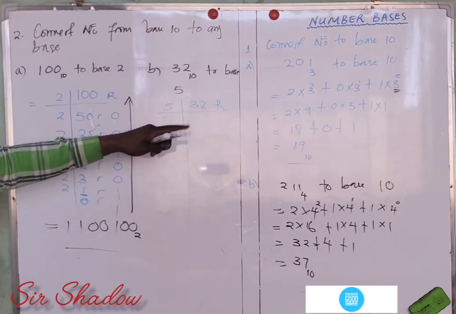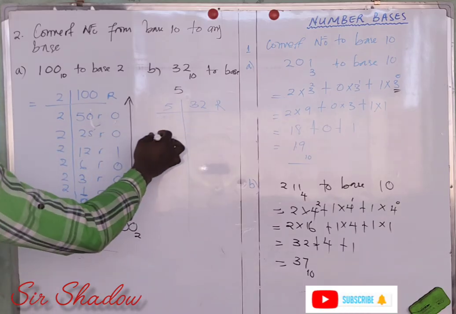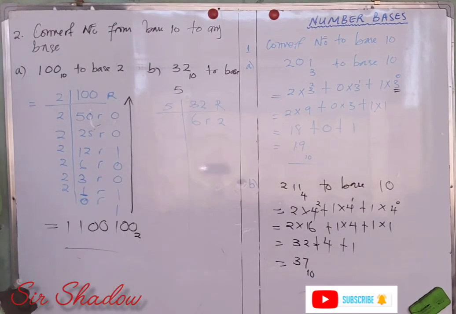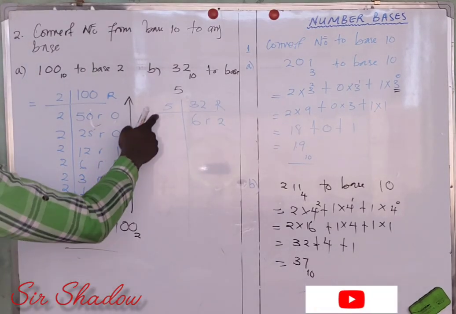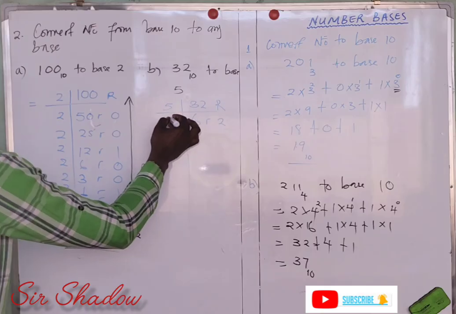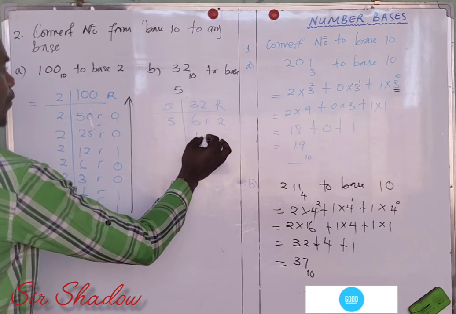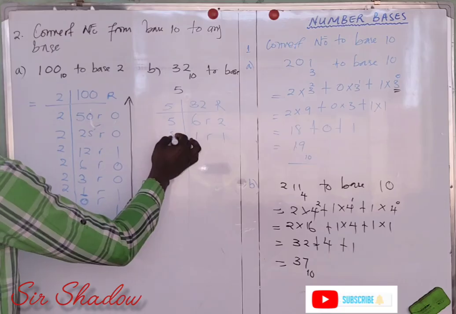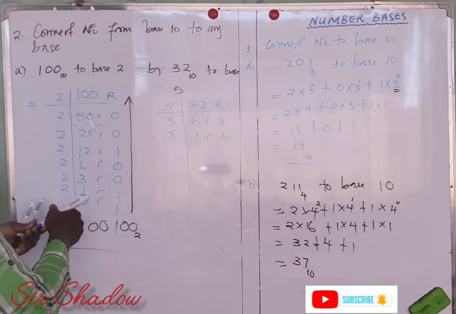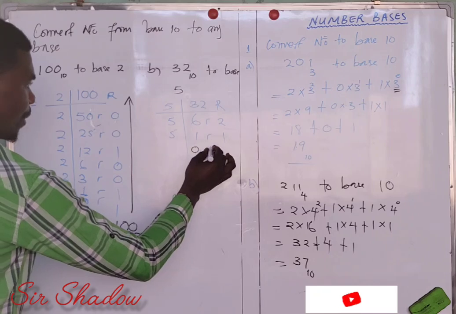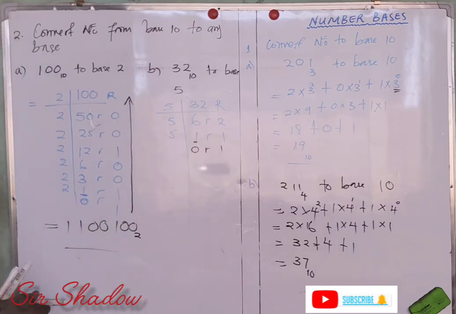So 5 into 32 is 6, remainder 2. Then 5 into 6 is 1, remainder 1. Then 5 into 1 gives us 0, remainder the same 1.